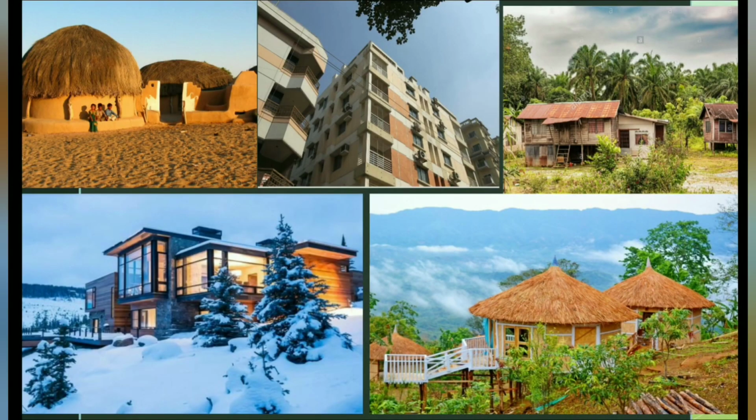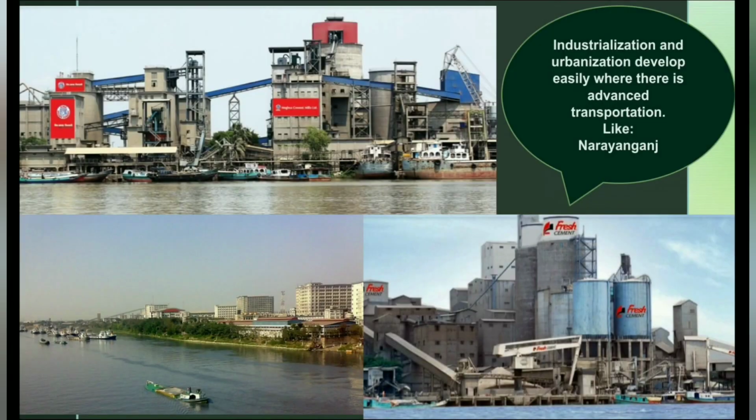There are some pictures of buildings in towns, villages, deserts and hilly areas and also the area of snowfall. Now these pictures represent a district and the district is Narayanganj.